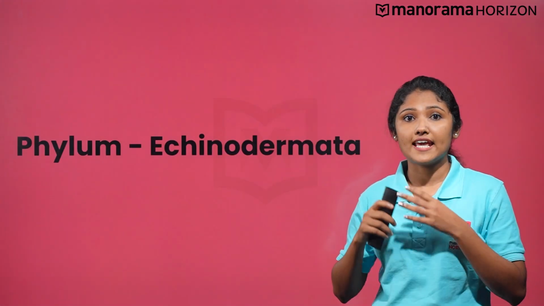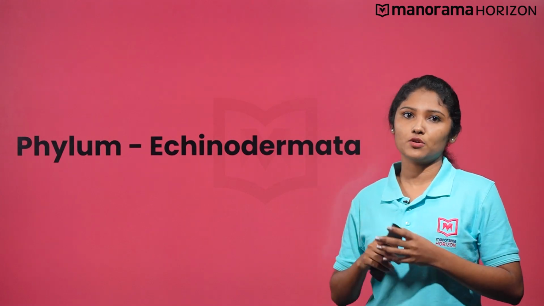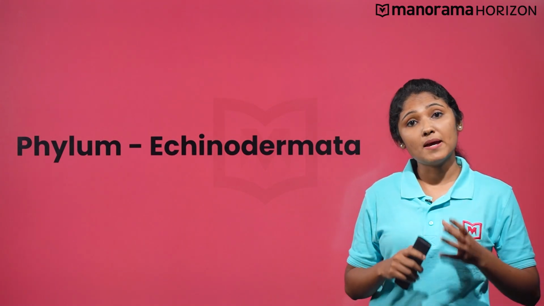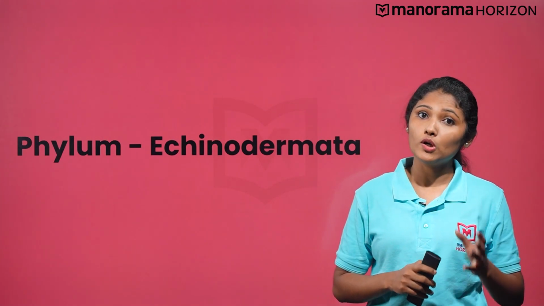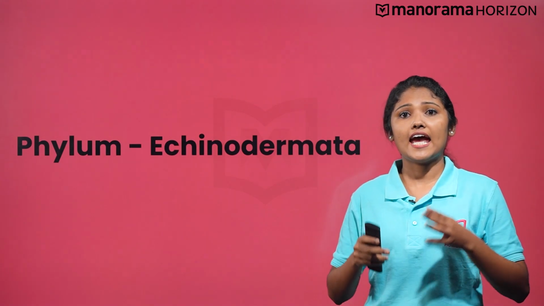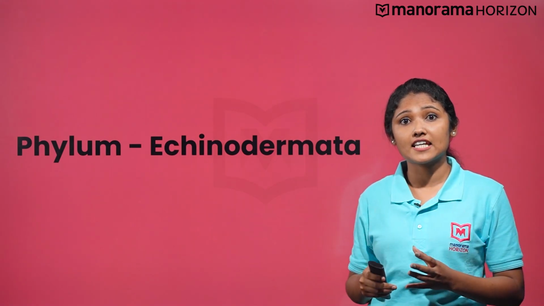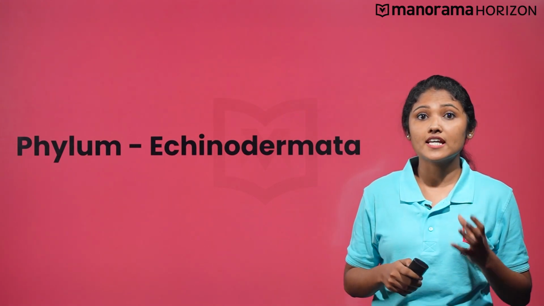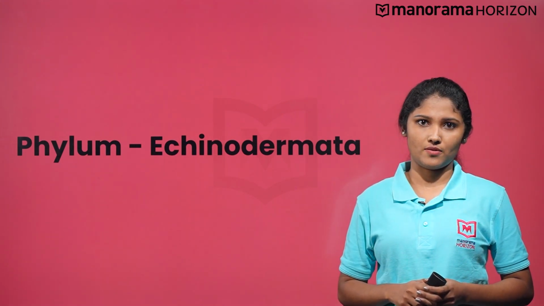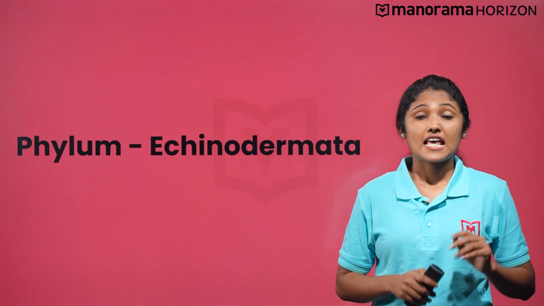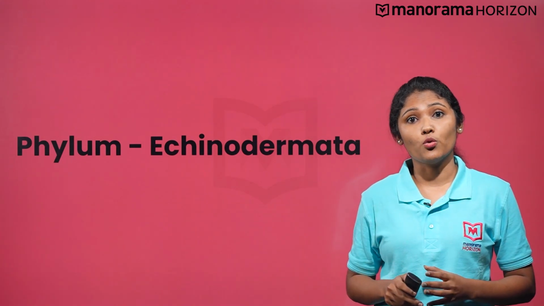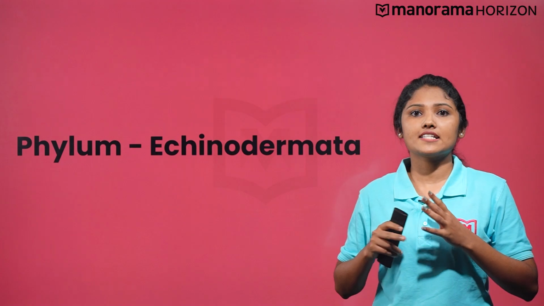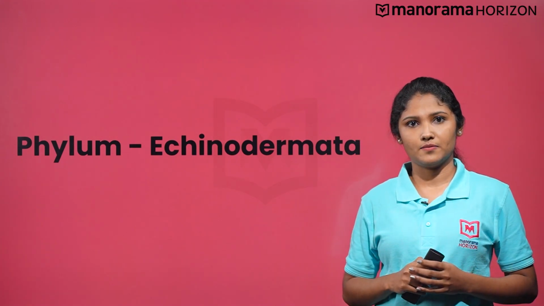Let's move on to the next phylum, phylum Echinodermata. The members of this phylum are found only in marine habitats and they bear a spiny calcareous endoskeleton. They possess an organ system level of organization. Do you know one thing? The members of the phylum show bilateral and radial symmetry in their life cycle.